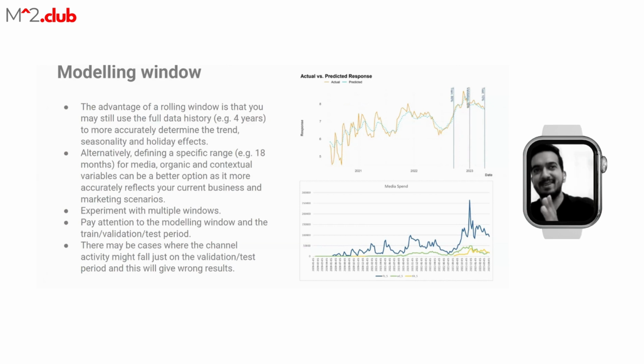So the last few months where the campaign ran might not be used for training. It might get used only for validation and testing. So you should be aware of this when setting up the train, validation and test parameter. In such cases, you need to set it in such a way that it is captured in the training data.